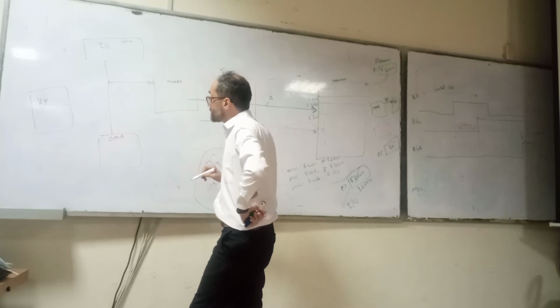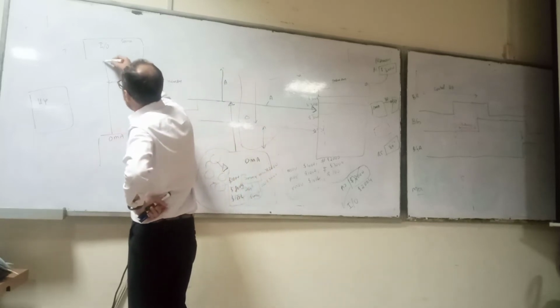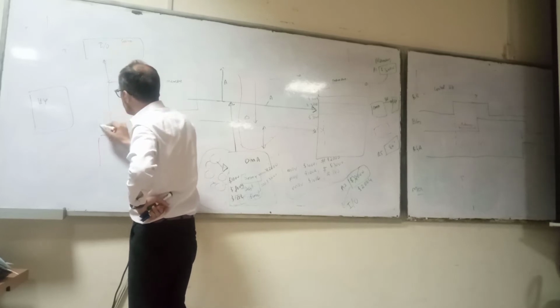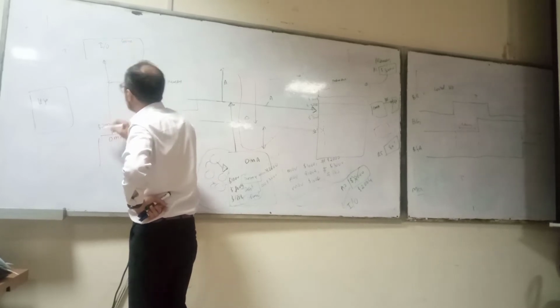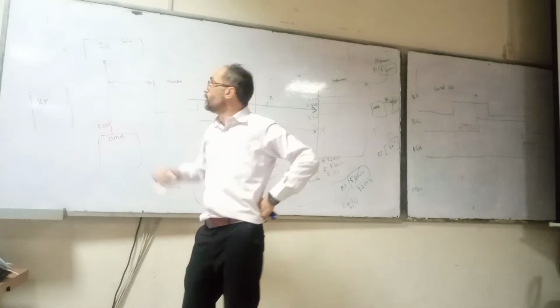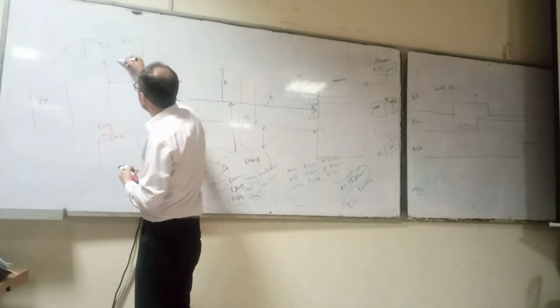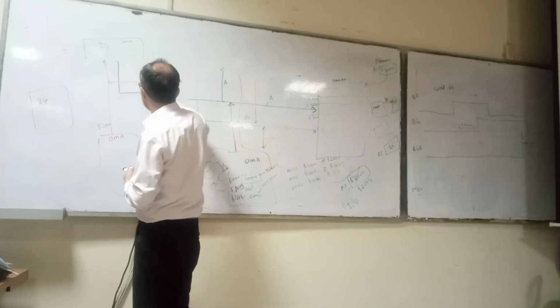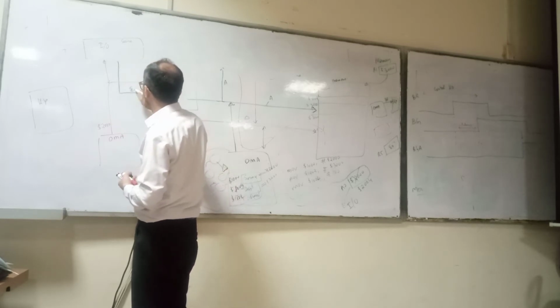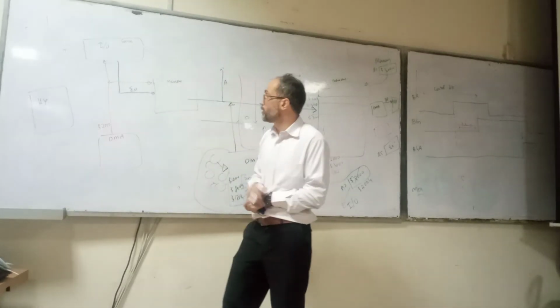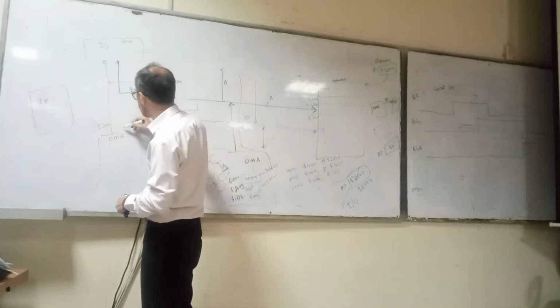So the first address that will be generated by the DMA to the I/O will be $2000. That data, element 0, will become available on the data bus. The data bus is in green.